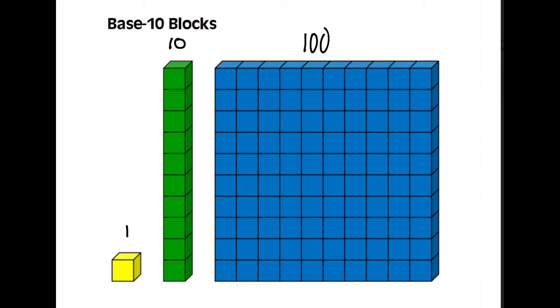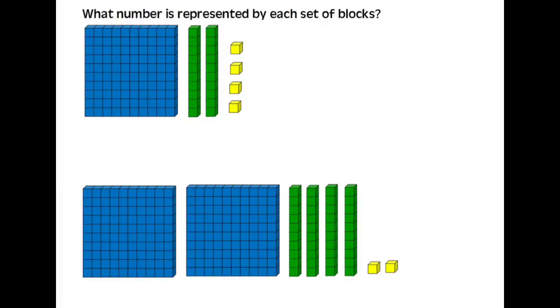Now these blocks can be used to represent numbers so that you can see the magnitude, or how big the numbers are, just by looking at the blocks. It's kind of cool. So what number do these represent? We're going to start with the blue part because we have hundreds, right? The blue is hundreds. So we have 100.